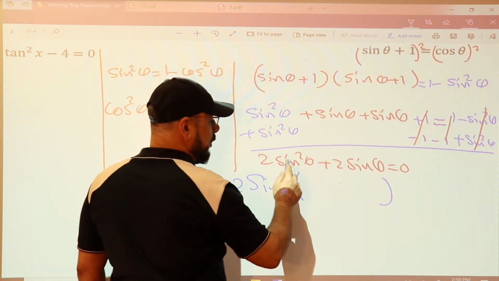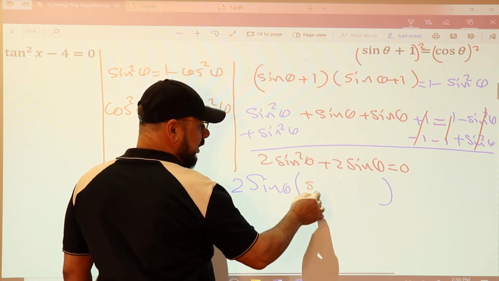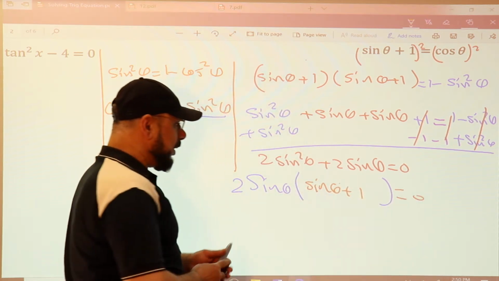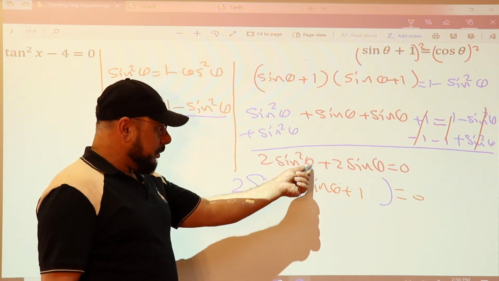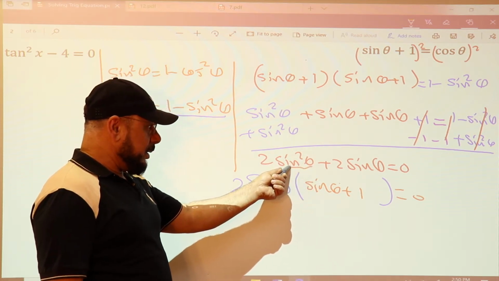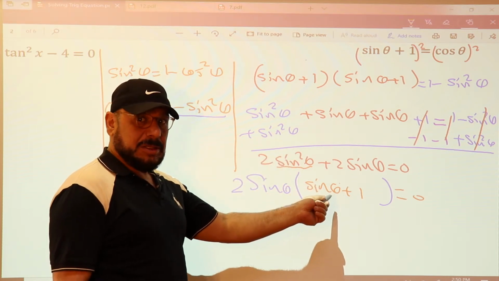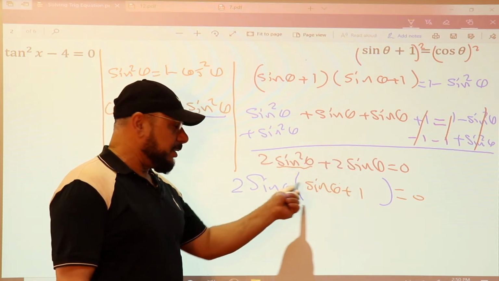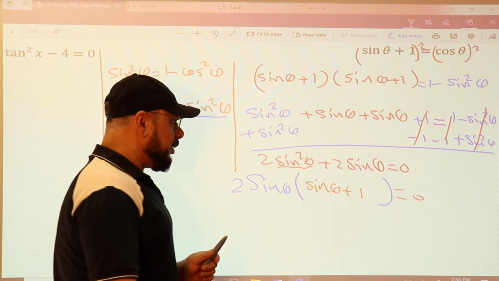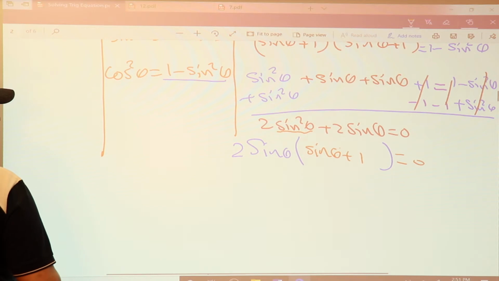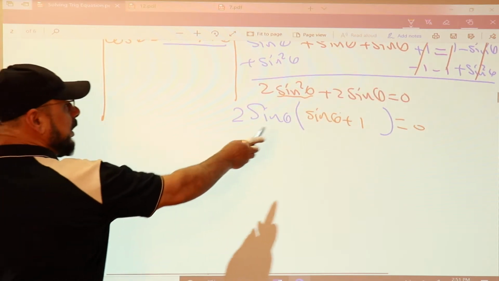Inside is only sine theta plus 1 equals 0. You divide by sine theta: sine squared theta divided by sine theta is sine theta, and sine theta divided by sine theta is 1.